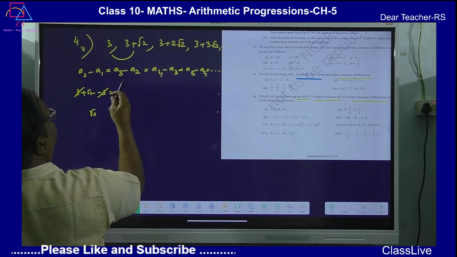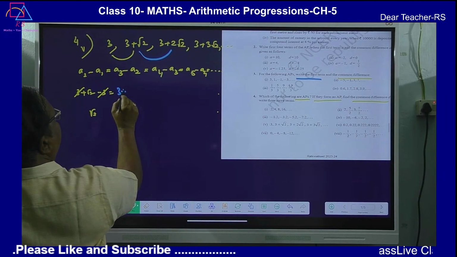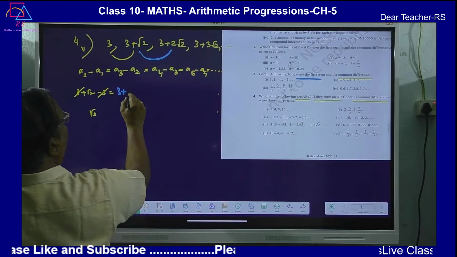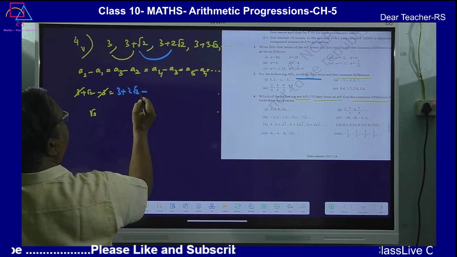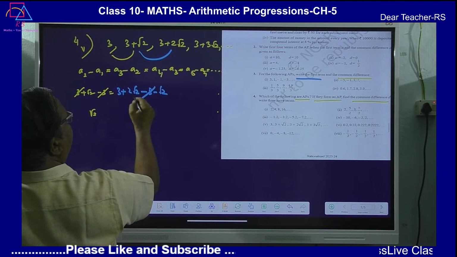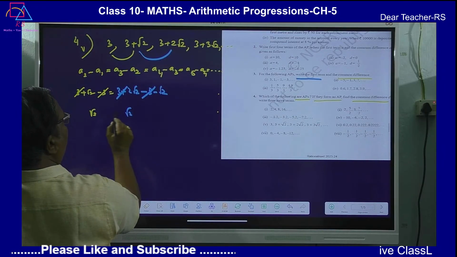Now a3 minus a2: 3 plus 2 root 2 minus 3 minus root 2. So minus 3 cancels, 2 root 2 minus root 2, root 2.